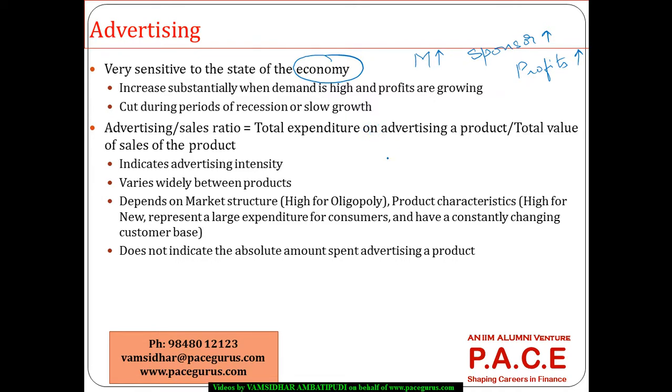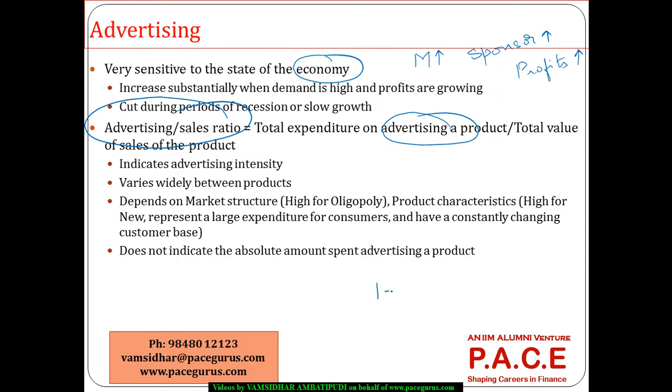So we have to really understand the advertising budget of a company is more and more in line with the state of the economy. And for understanding that, we always try to compute what is called an advertising to sales ratio, which talks about the total money that is spent on advertising in a particular year divided by the total sales that got generated during that year.